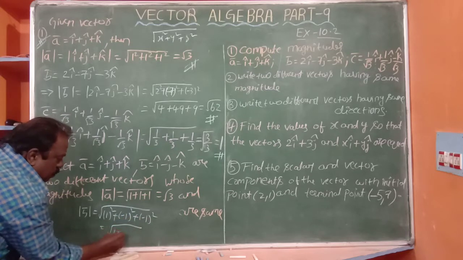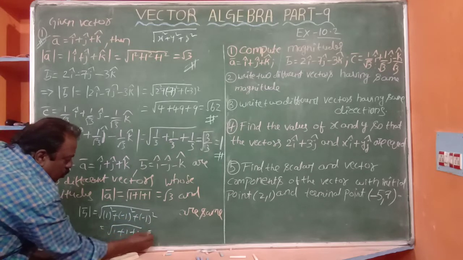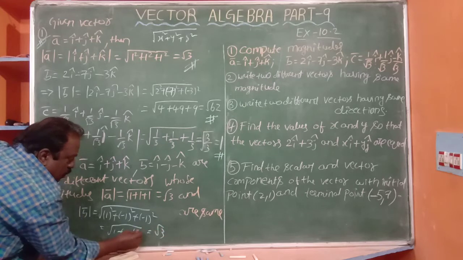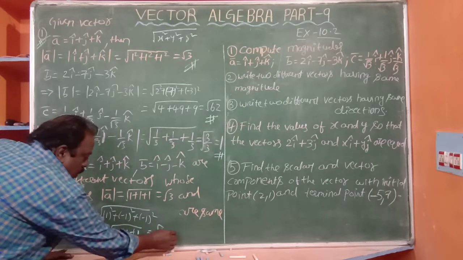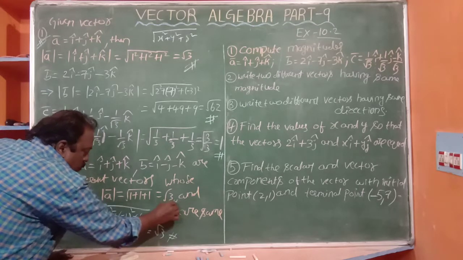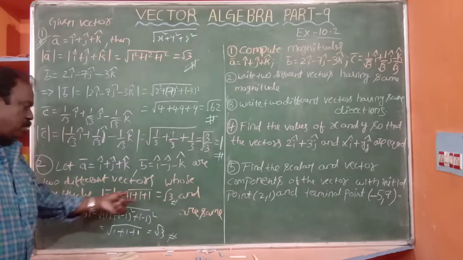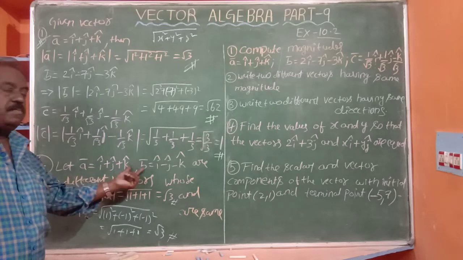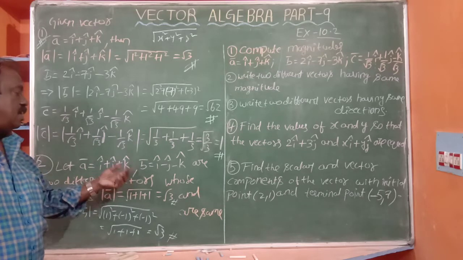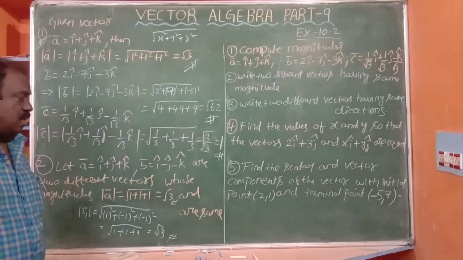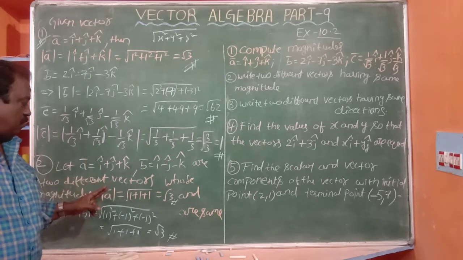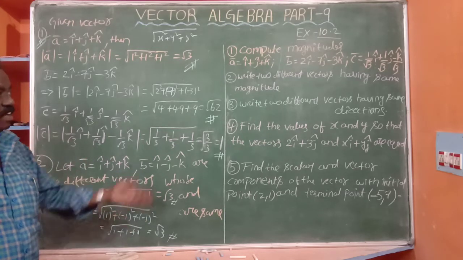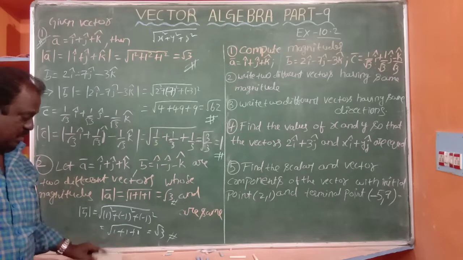So it is 1 plus 1 plus 1, so it is root 3. So the modulus of a bar and b bar are both the same. So a bar and b bar, i plus j plus k and i minus j minus k, are two vectors whose magnitudes are the same. Okay?